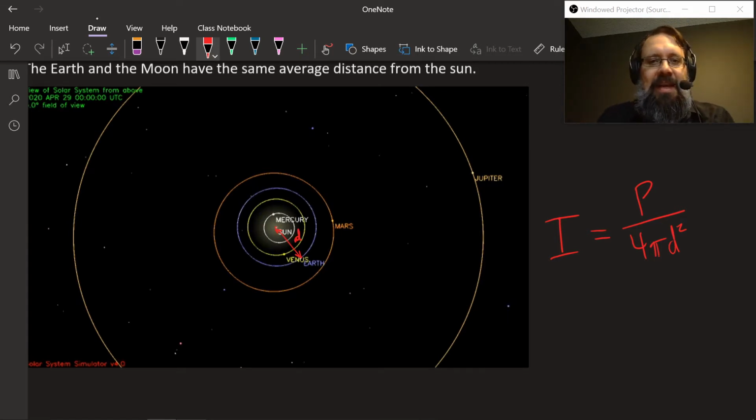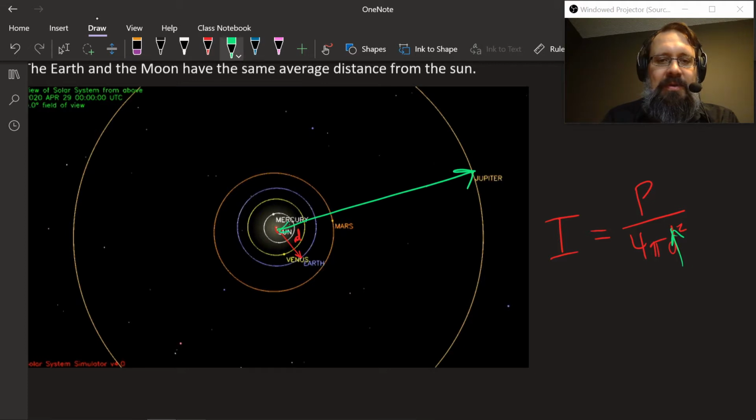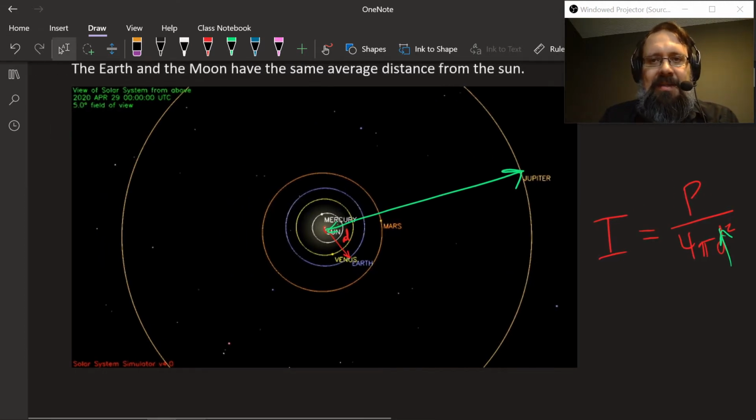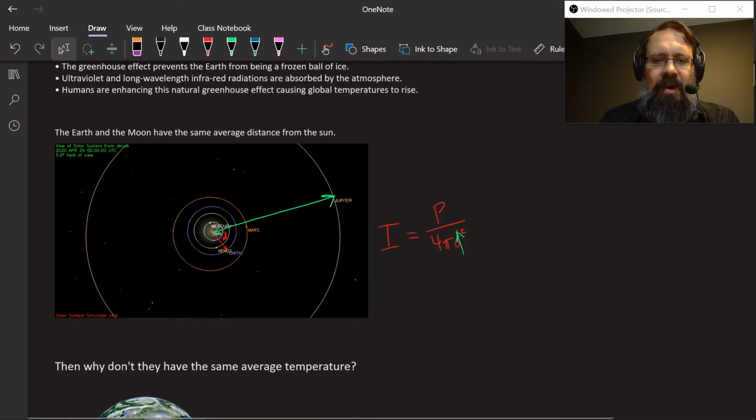As you get further and further from the sun, like out to where Jupiter is, the intensity of the sunlight at Jupiter is going to be much lower than the intensity at the Earth. But the moon and the Earth are roughly the same distance away. So the intensity of the solar radiation on the moon and the Earth will be roughly the same.